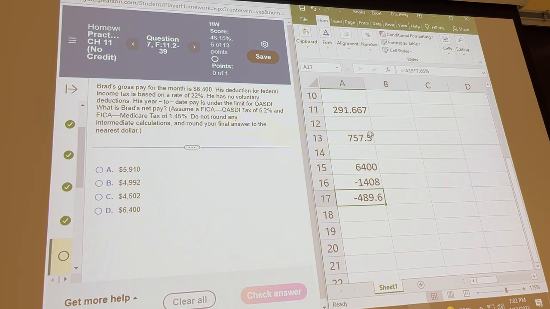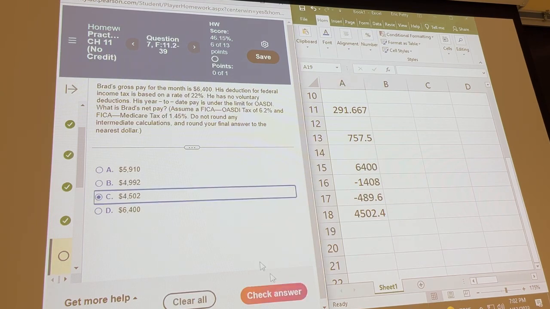And then total that. $5,502. I got $4,502. That would be his take-home pay.